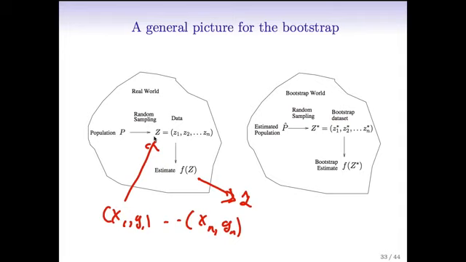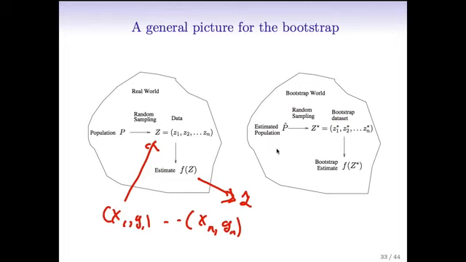So a way of thinking of the Bootstrap in the abstract is to say, well, we don't have access to the population. Let's replace the population, which we don't have, by P hat, which in the Bootstrap's case is the training sample itself. It's a population that puts probability 1 over n, n being the sample size, on each of the training points.